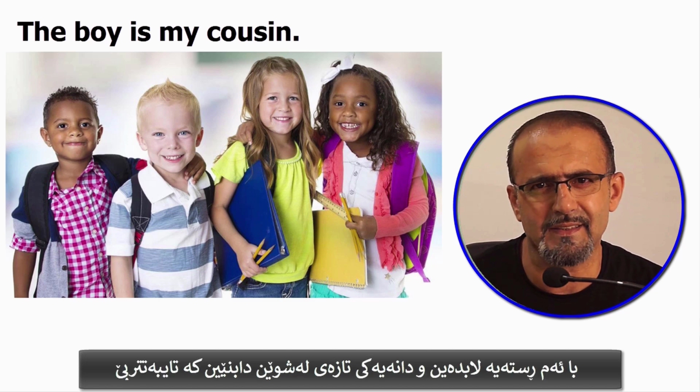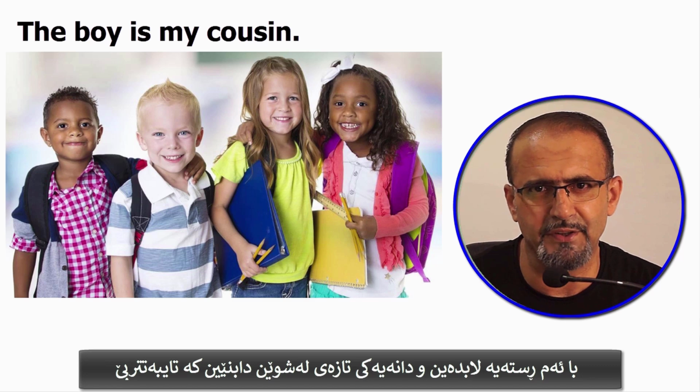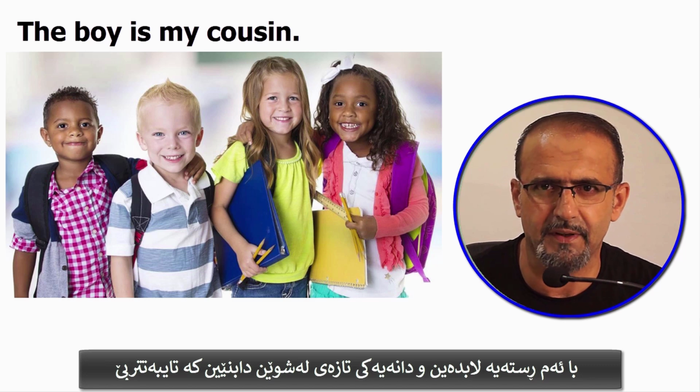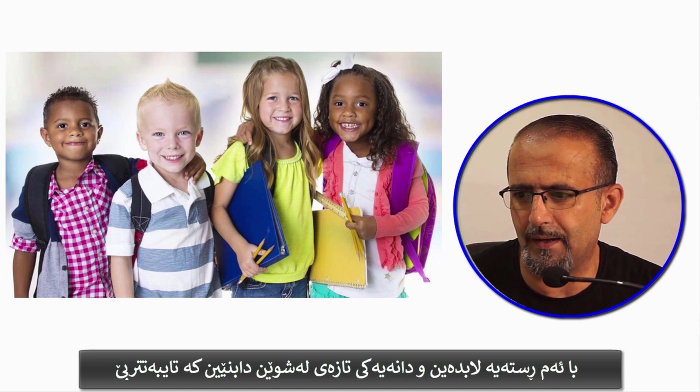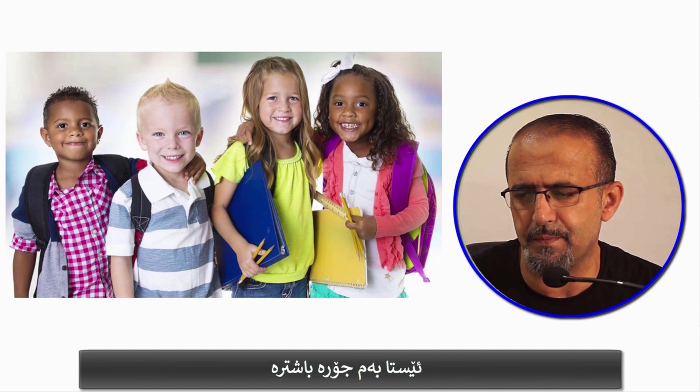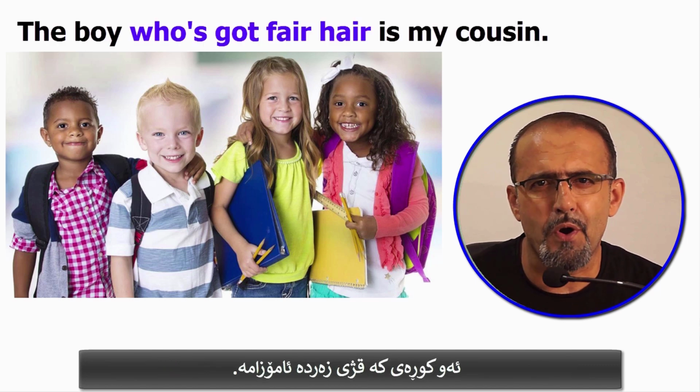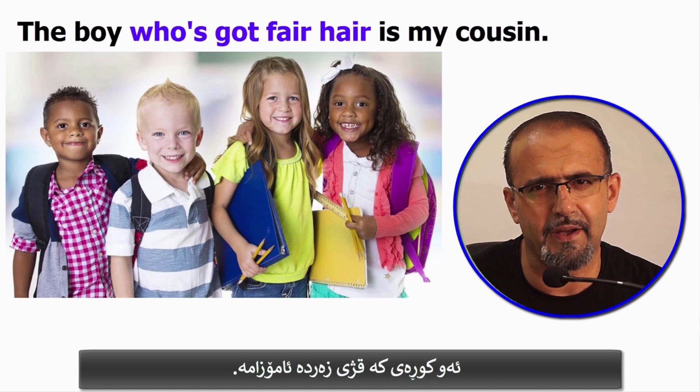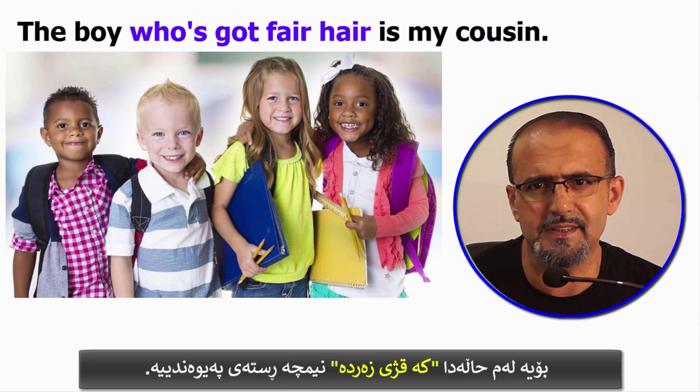And let's take that sentence away and put in a new one that's more specific, okay? Now this is better. The boy who's got fair hair is my cousin. So, in this case, who's got fair hair is a relative clause.